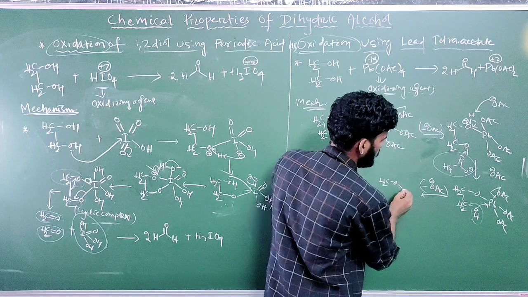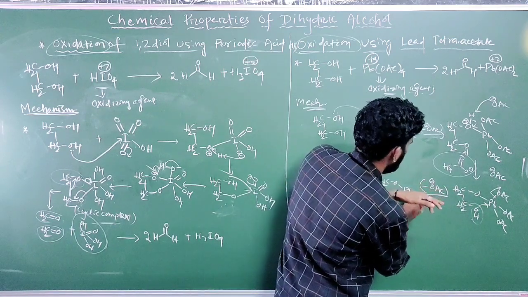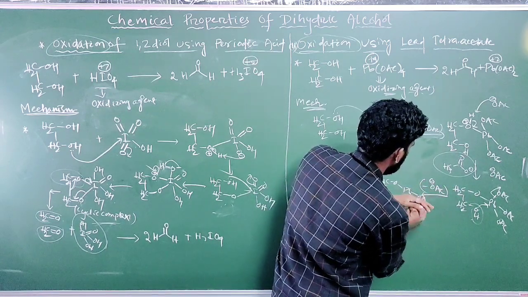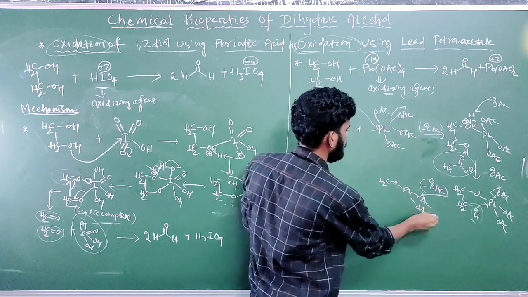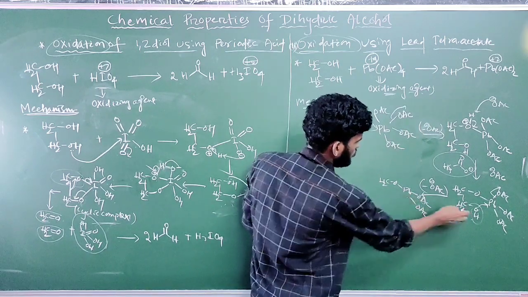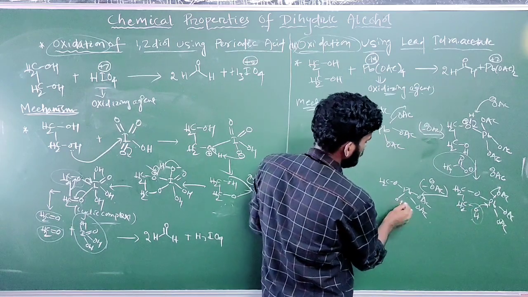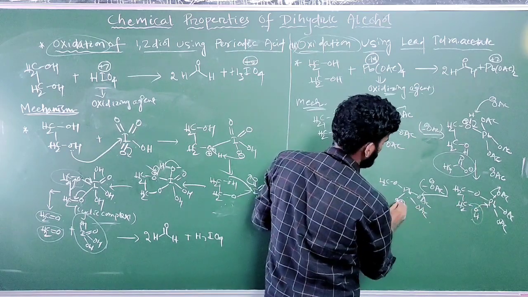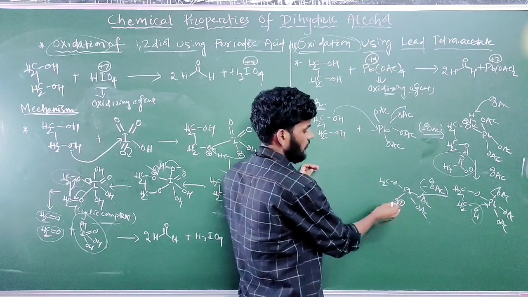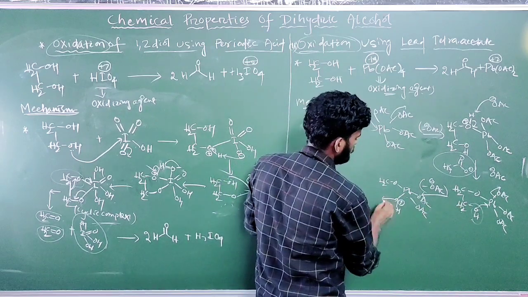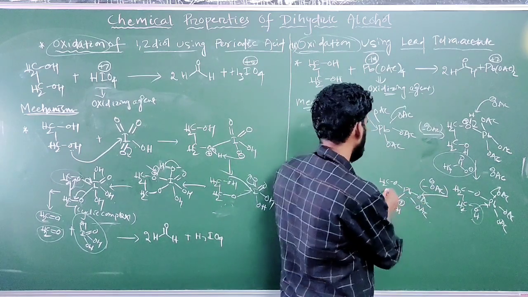CH2O, oxygen attached to Pb, and now we have two acetate groups on Pb. As oxygen donates its electron, there is a positive charge over oxygen, and the oxygen is attached to hydrogen, and to CH2, and CH2 is attached to CH2.